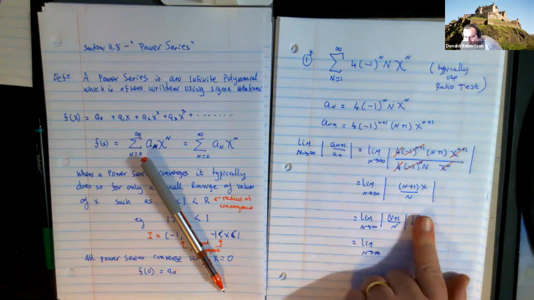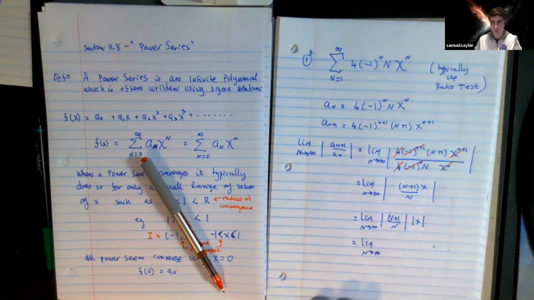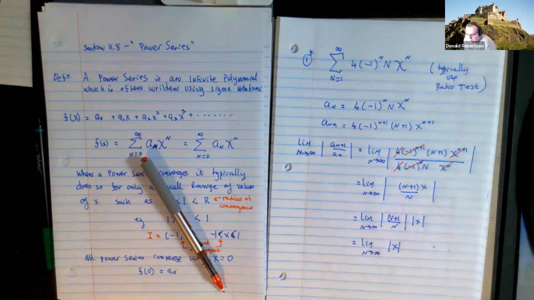What will the limit of (n+1) over n be as n tends to infinity? You should be able to do that in your head. What would (n+1) over n get you as n goes infinite? 1. And so 1 times the absolute value of x gets you the absolute value of x.